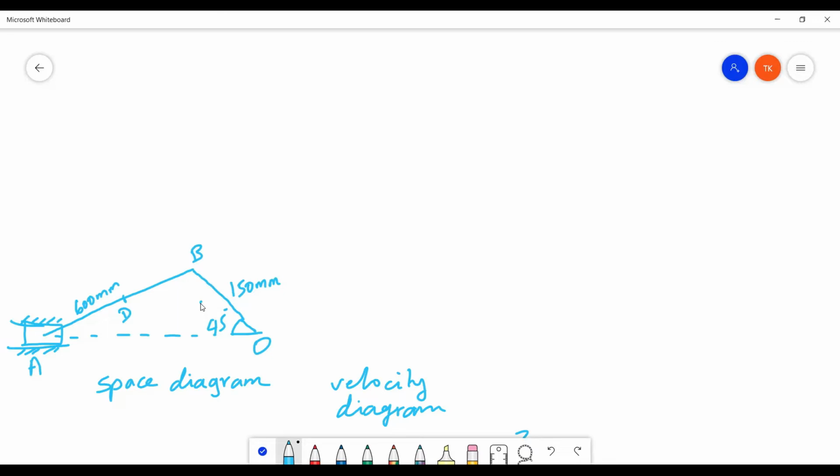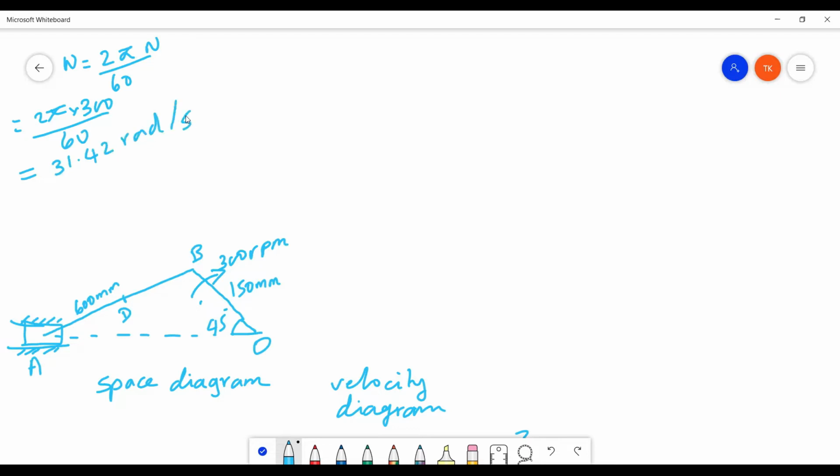This is given clockwise 300 rpm, right? 300 rpm. So omega is equal to 2 pi N by 60, that is equal to 2 pi into 300 by 60, that is equal to 31.42 rad per second.